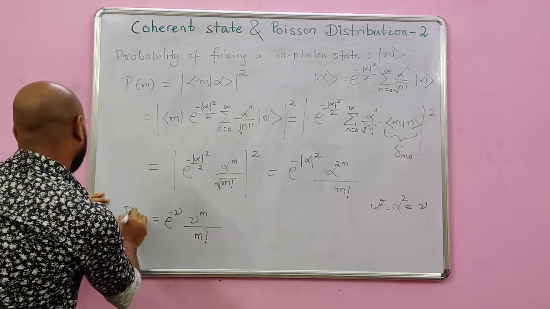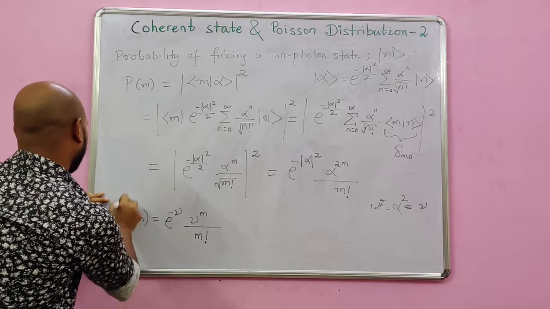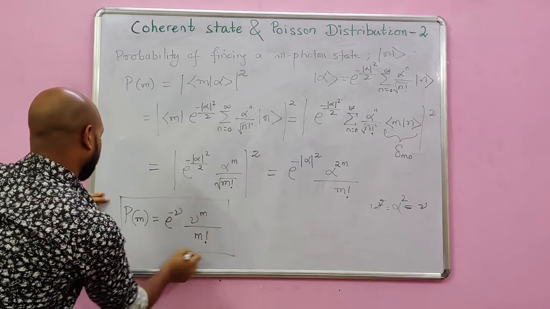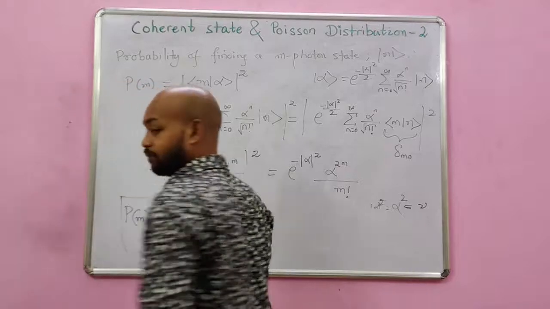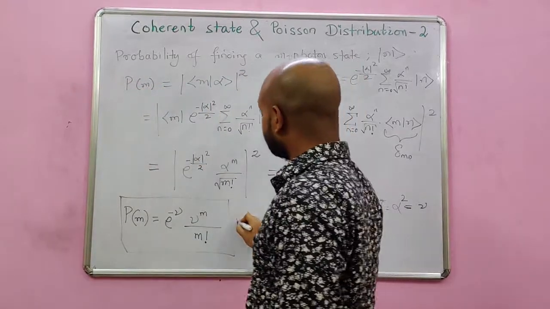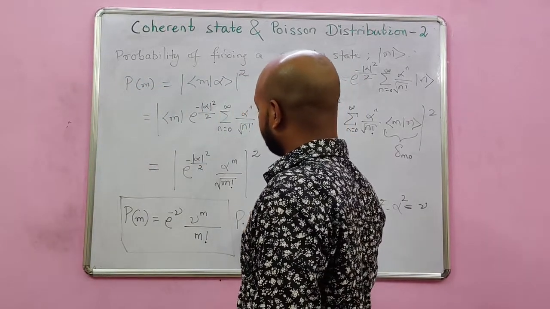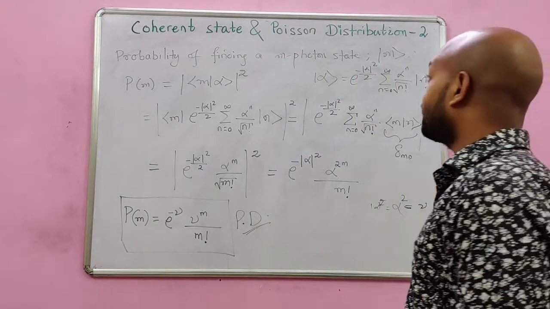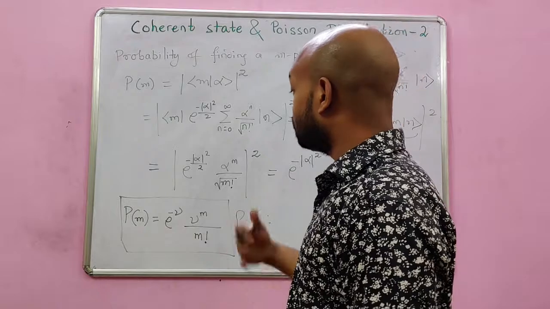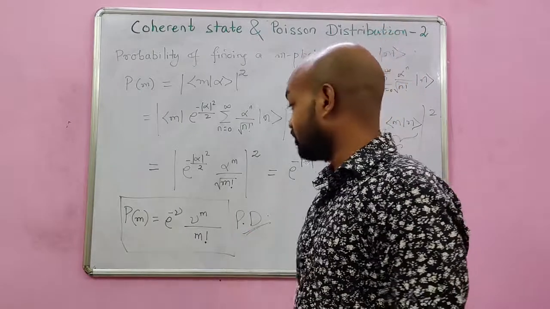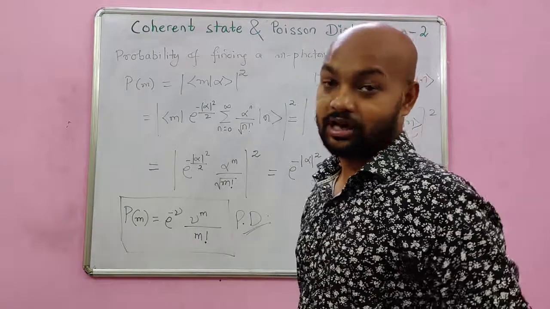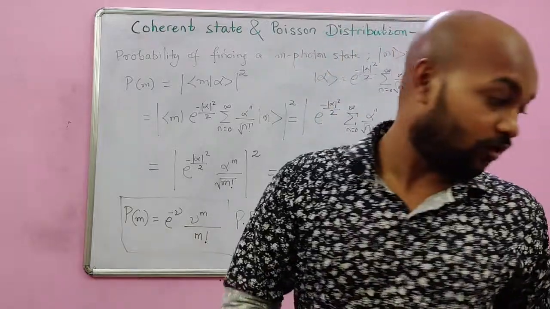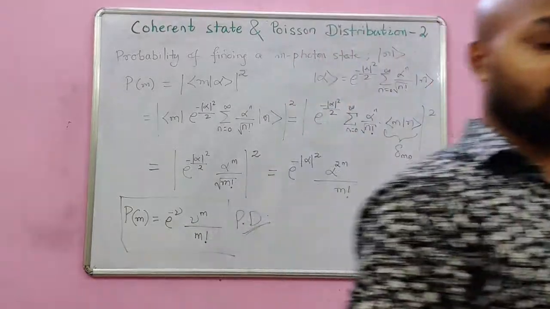This is nothing but the probability of finding m photons, and this is a typical Poisson distribution. In our later discussions we would be interpreting this result, and what comes next after finding it to follow the Poisson distribution.